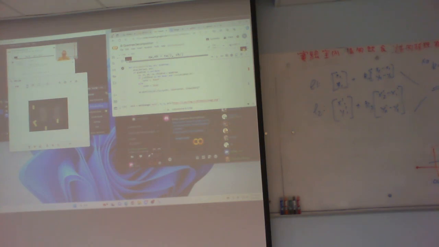Line width is equal to 2. So 4 lines we have to draw.